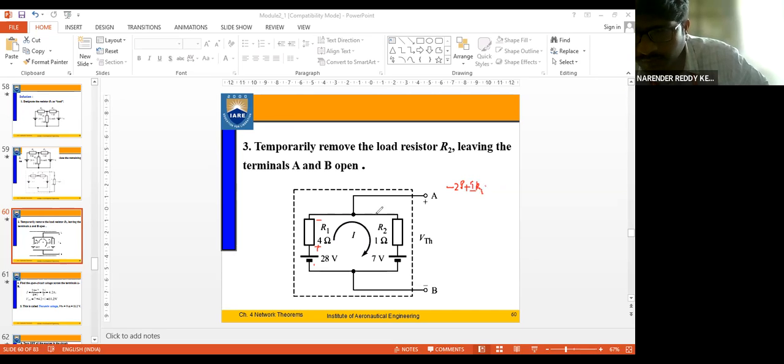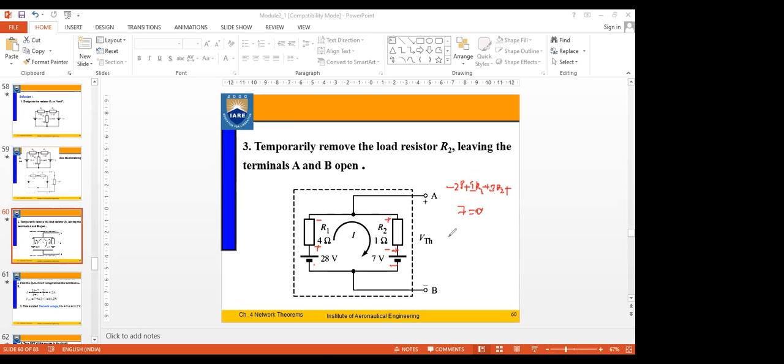Up to here, the current is flowing in this direction, so plus I into R2, plus the polarity here is plus and minus, so 7 is equal to 0. Is that okay? KVL loop equation.